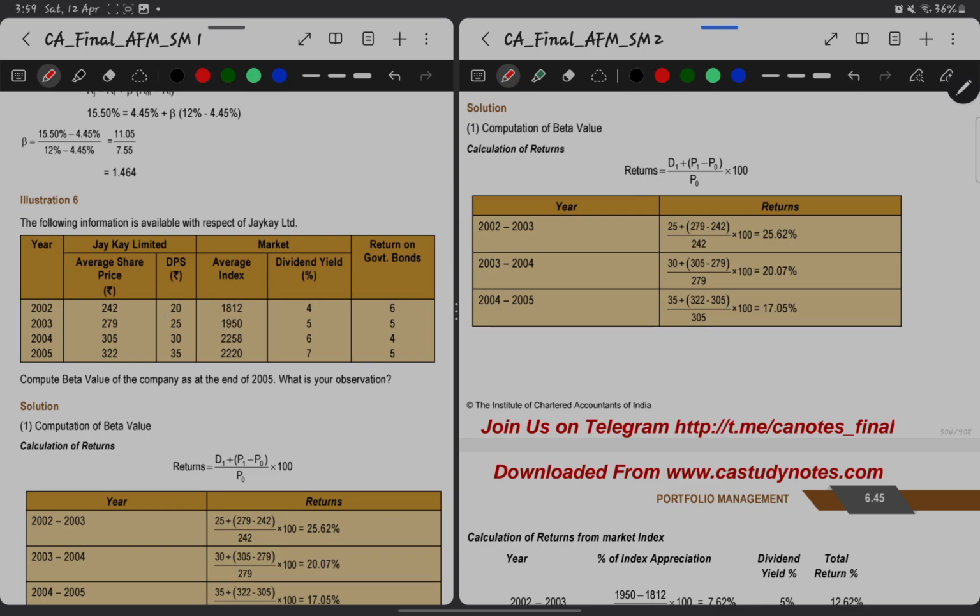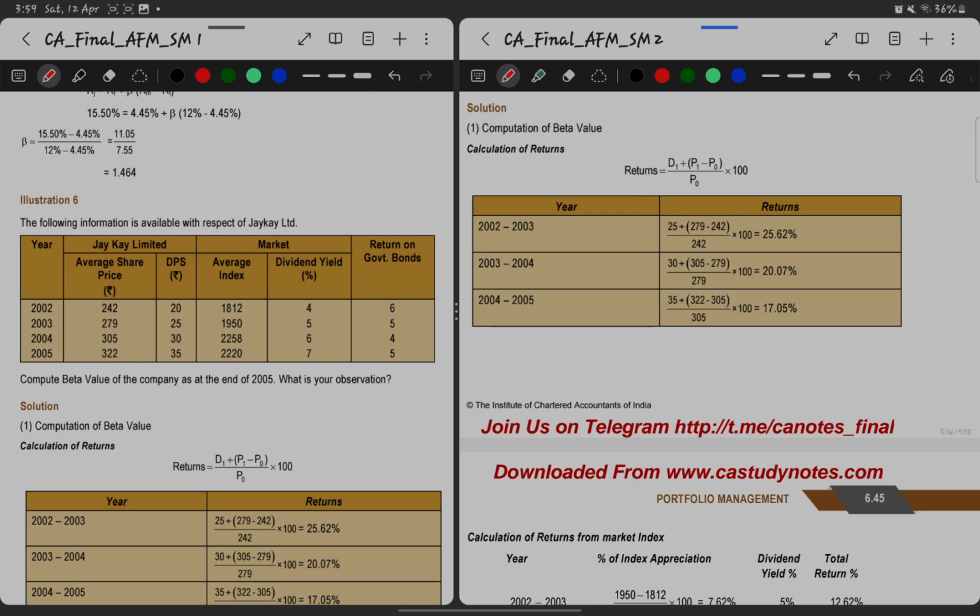So in the year 2002 to 3, the dividend per share is 25, which will be the return, plus there is a capital appreciation of 279 minus 245. Adding it with the dividend of 25 and dividing it by 245 will give us the return for 2002 to 2003.